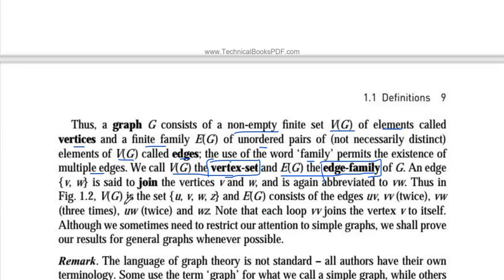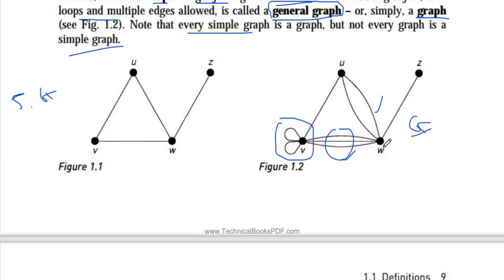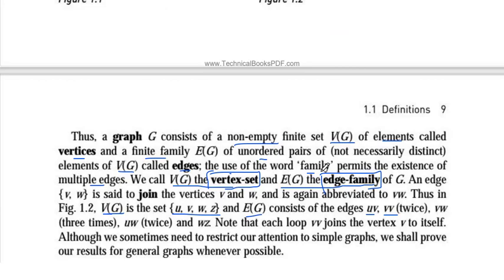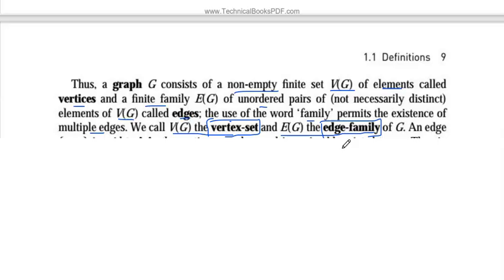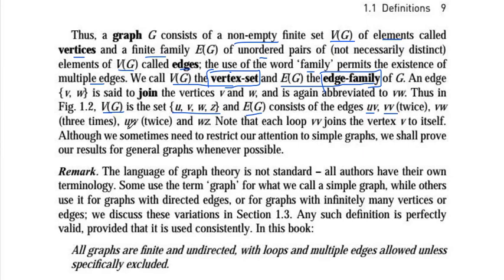In figure 1.2, the vertex elements U, V, W remain the same, but the edge family consists of the edges UV, VV twice, which is a loop, VW three times, three edges are there, UW twice, and WZ.